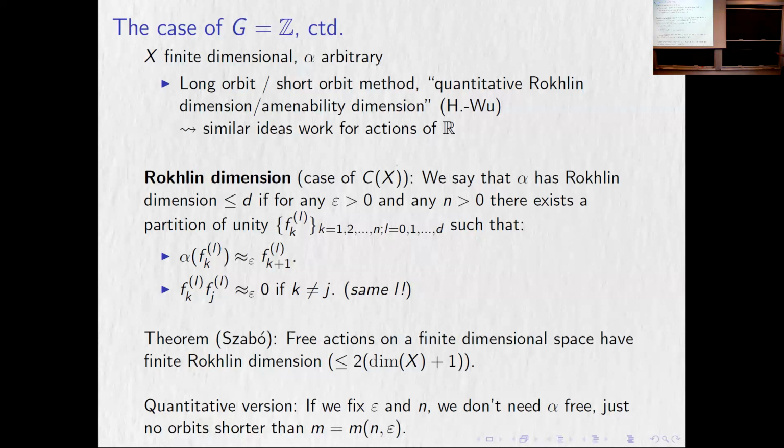You could do it more generally. What you do is you pick some n, and you can almost cover the space with those kind of blobs, where this moves here, this gets moved here, and so on and so forth. And the remainder is small in measure. Okay, so that's the Rokhlin property.